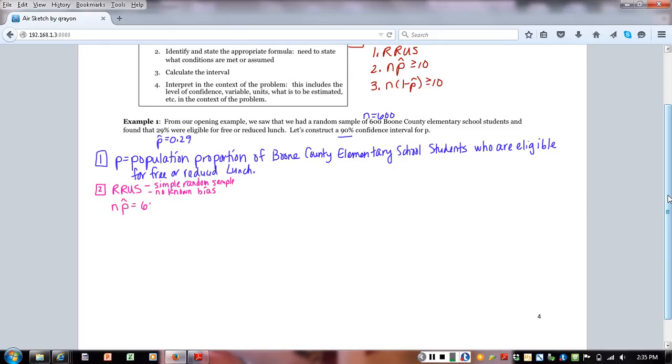So we have our n is 600. Our p hat is 0.29. So it gives us 174, which is at least 10. And n times 1 minus p hat will give us 426, which is also at least 10. So what this means is from our sample of 600 Boone County Elementary School students, 174 were eligible for free or reduced lunch, 426 were not.